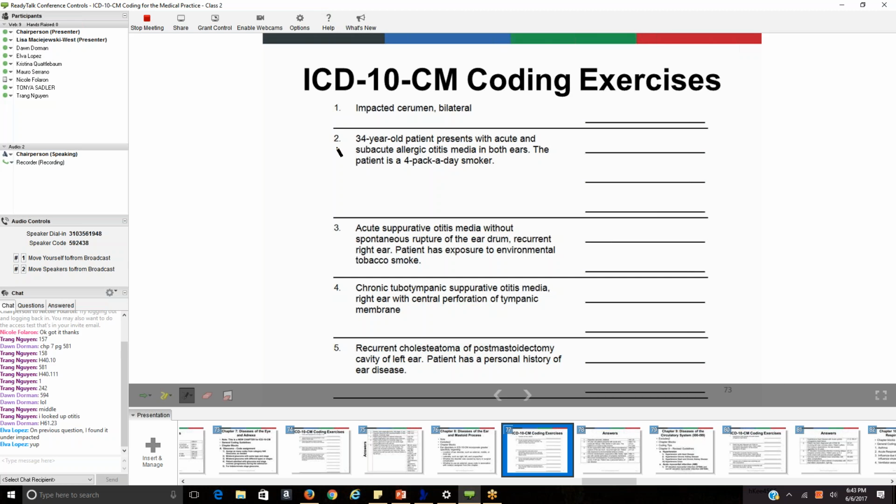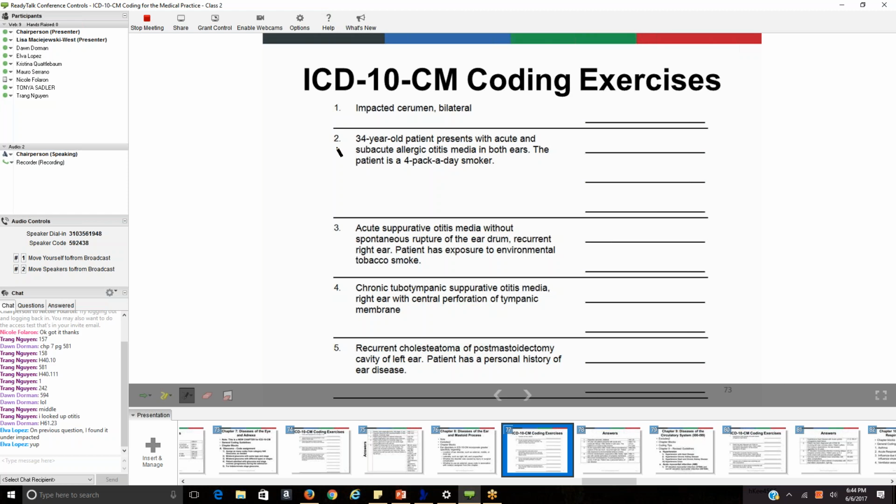And it says under H66, which means when you have the red instructions, it applies to all the codes in H66, okay? So it says use additional code to identify exposure to environmental tobacco smoke, exposure to tobacco smoke in perinatal period, history of tobacco dependence.